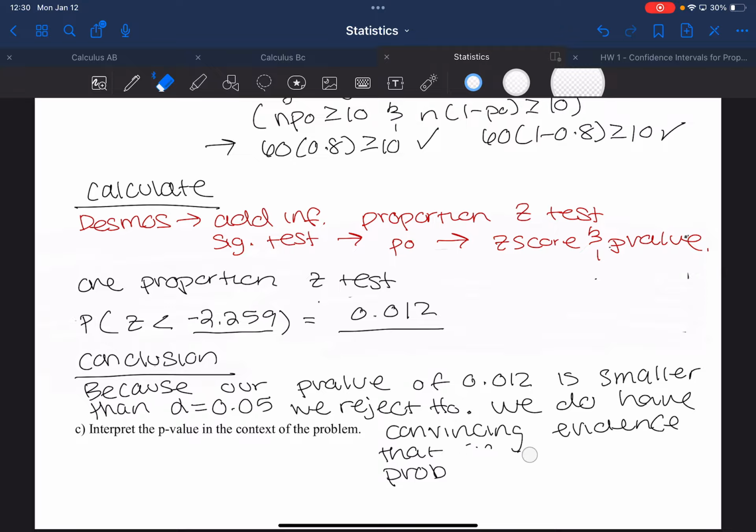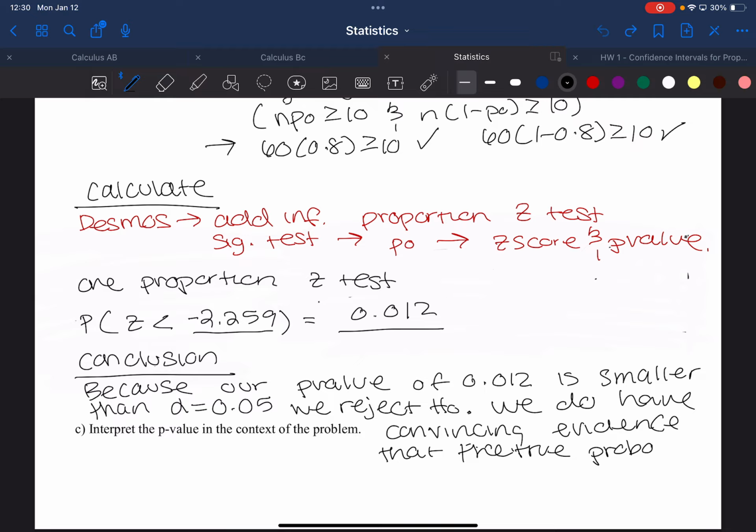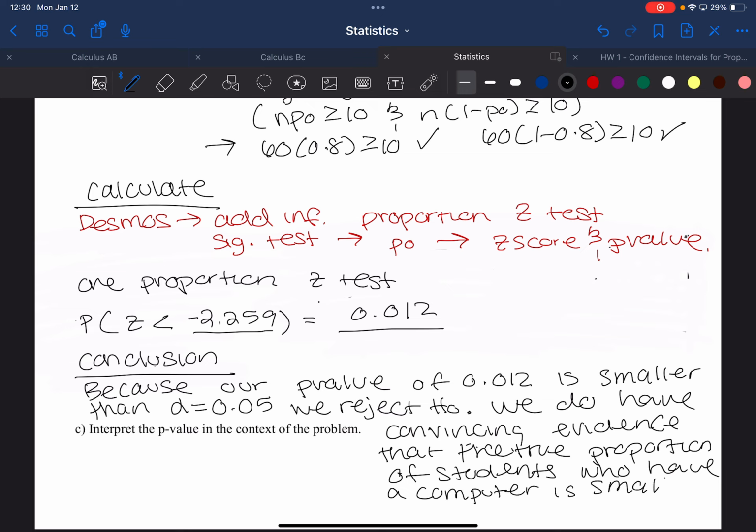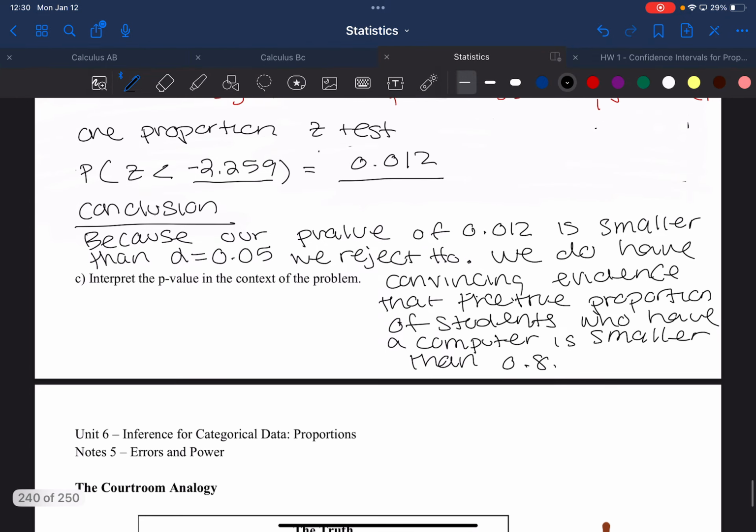Convincing evidence that the true proportion of students who have a computer is smaller than 0.8.